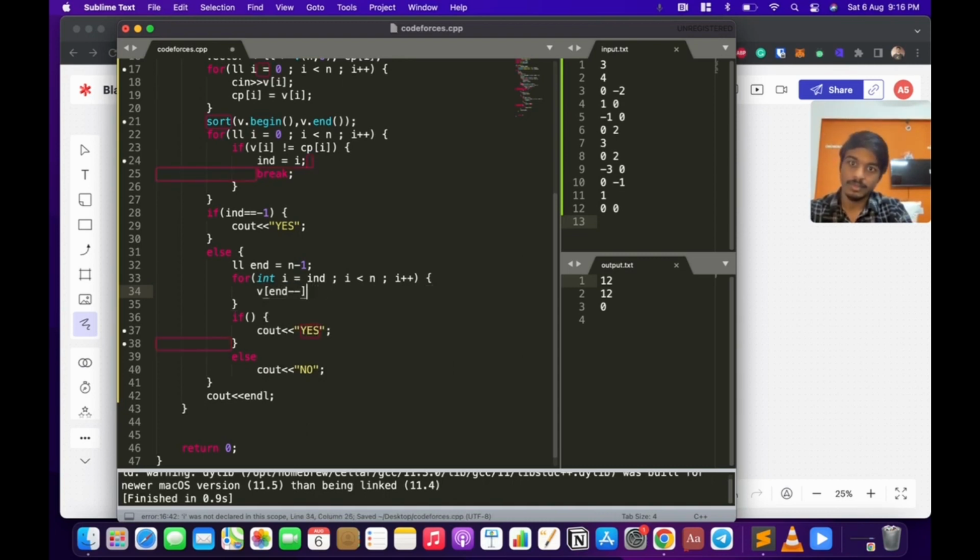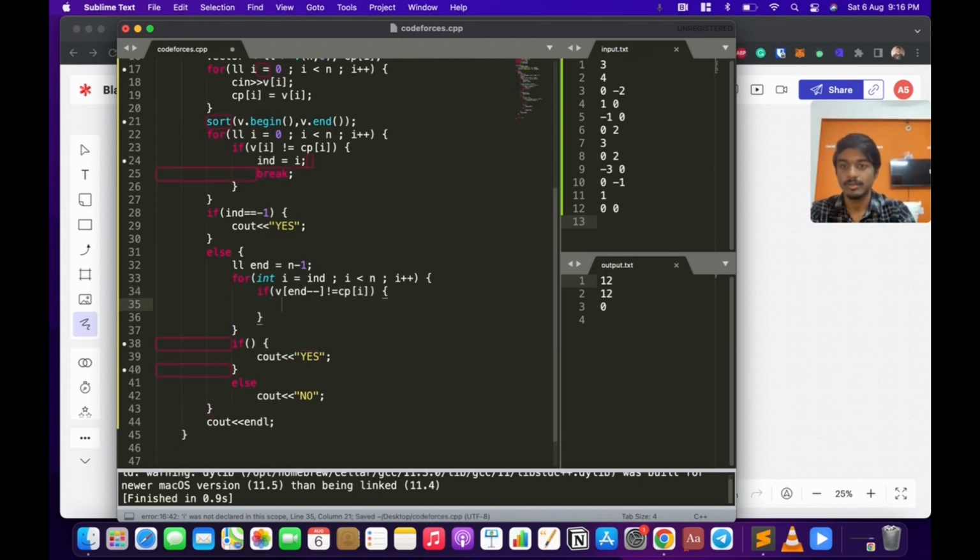End minus, if end of minus minus is not equal to copy of I, index equal to minus 2. We'll put minus 1 here.